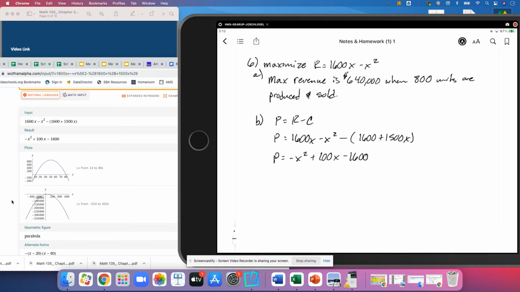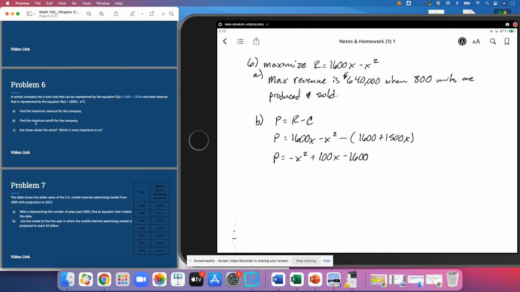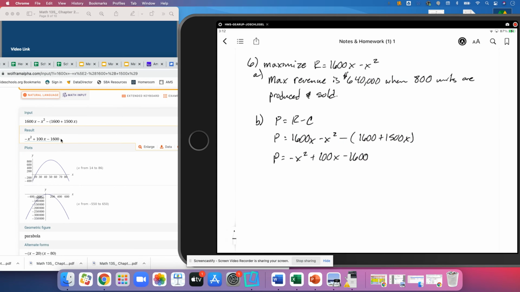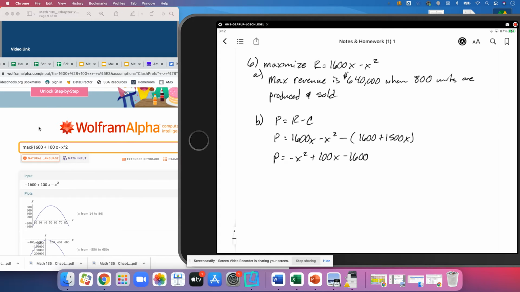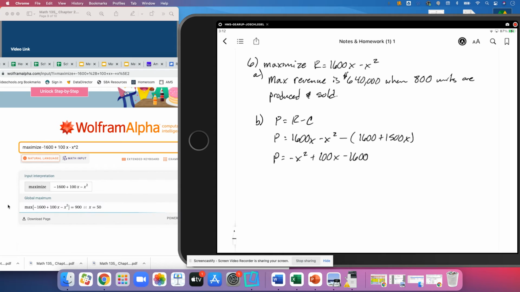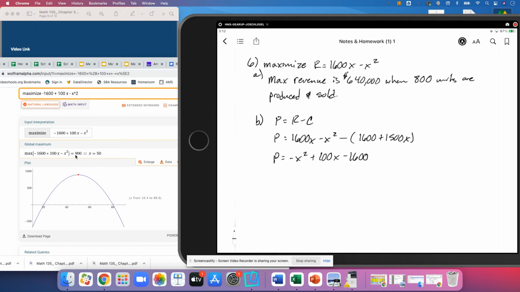All right. And so for part B, we are asked to maximize the profit or find the maximum profit. So I can take this in Wolfram and copy it from here. Or actually, if I click right there, it will put it in there for me. So I don't need to type anything. I put maximize in front, everyone, and we do get profit is maximized at $900 when we produce and sell 50 units.